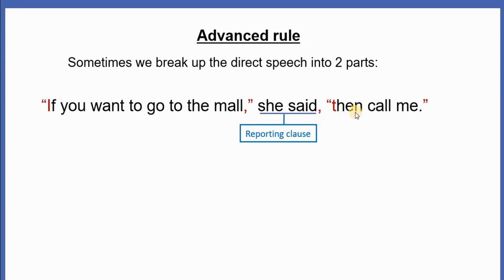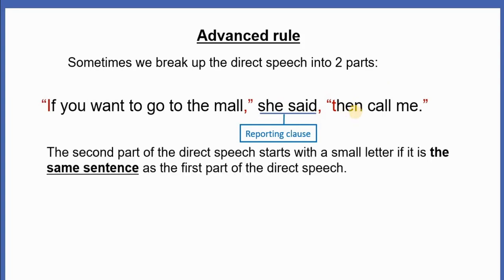The second part of the direct speech starts with a small letter if it is the same sentence as the first part of the direct speech. Small letter. Alright? So here, we do not write a capital letter because "then call me" is the same sentence as the first part. Because the complete sentence is, "If you want to go to the mall, then call me."